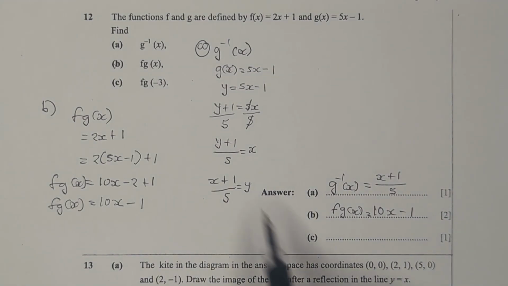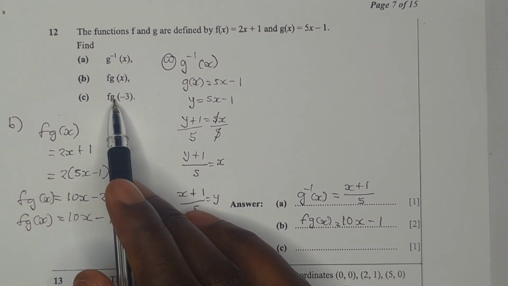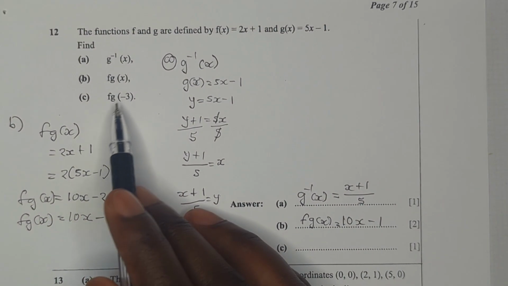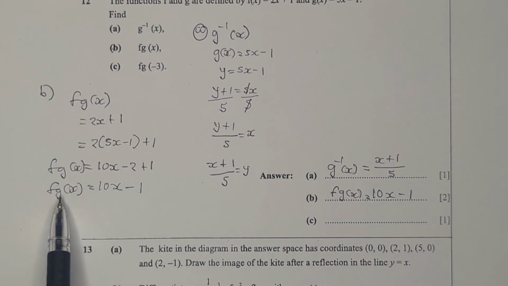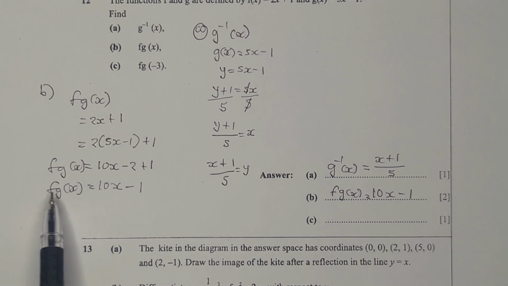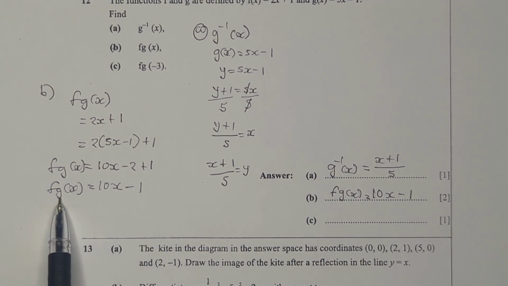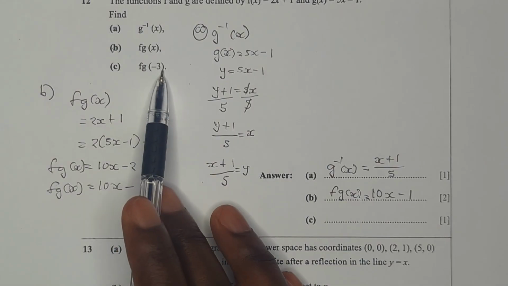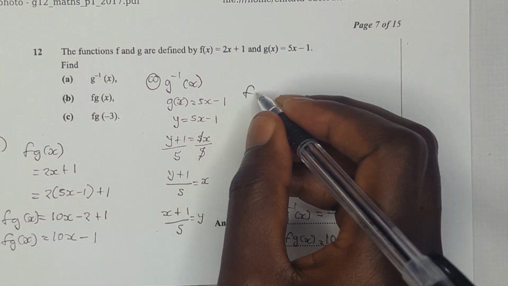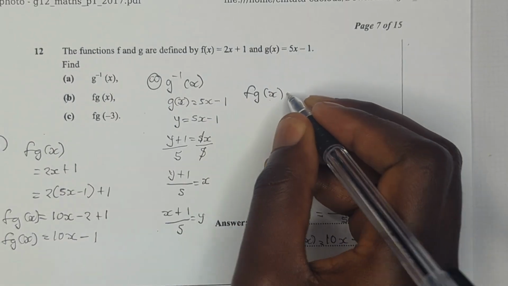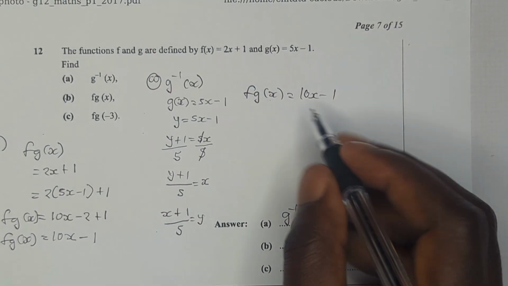The last question, number C, is fg of negative 3. We are using the equation of fg of x, which is 10x minus 1.